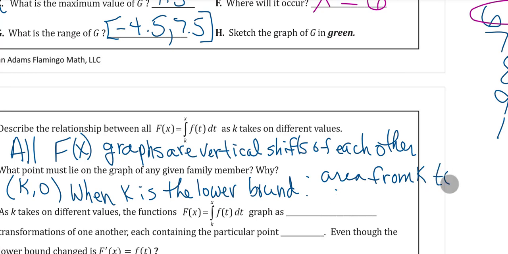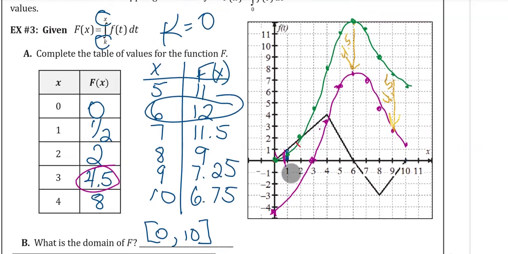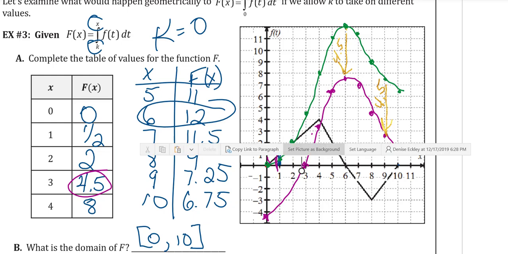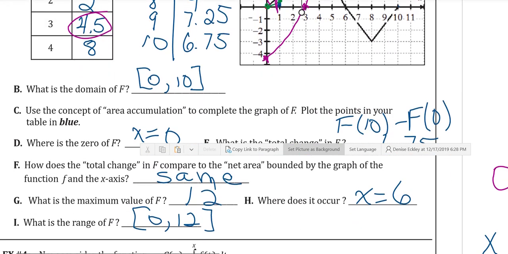From k to k is 0. And we did that in both examples. So if you look up here, when we went from 0 to 0 in the green graph, our area was 0. And then when we went from negative 3 to 3, our area was 0, because we really don't have any width, so we have no area under the curve at that point.